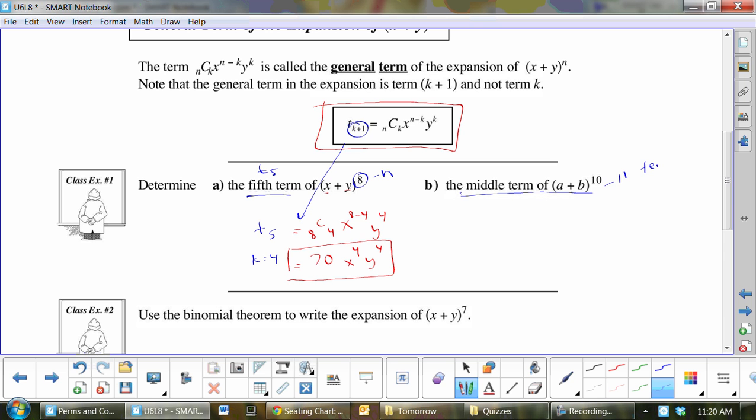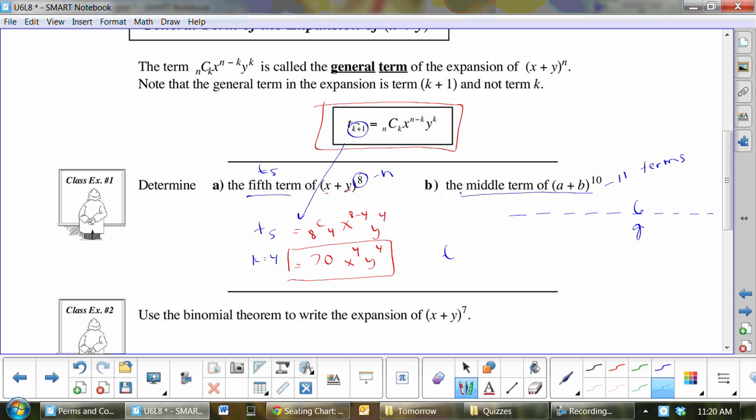Now, if you look back on your study sheet, at x plus y to the 0, there's one term. So there's always one more term than the exponent. And if you count 11 terms, you'll find that the middle is 6. Okay, there's 5 on each side. So that is the middle term.